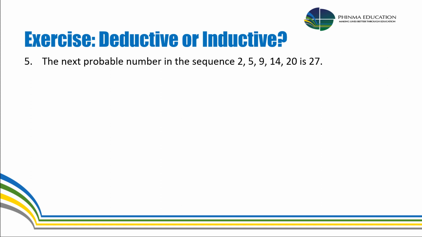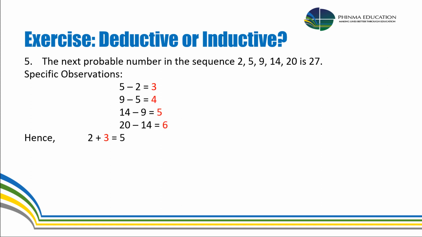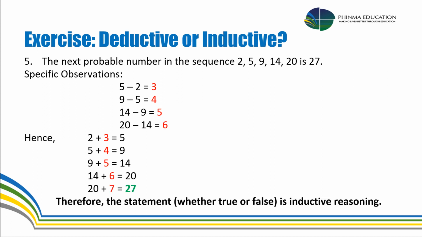And last, number 5, the next probable number in the sequence 2, 5, 9, 14, 20 is 27. So we have here the specific observation. What is our answer for item number 5? The answer would be inductive.